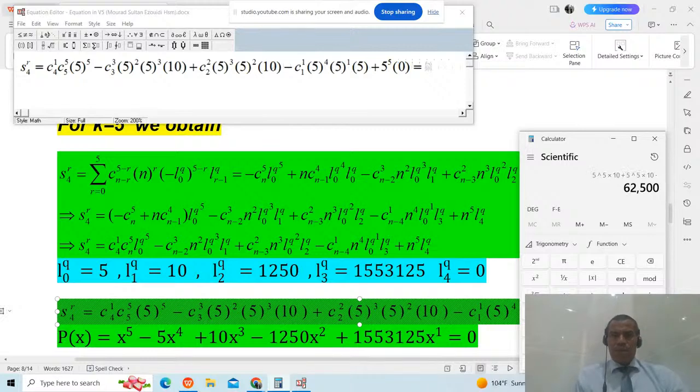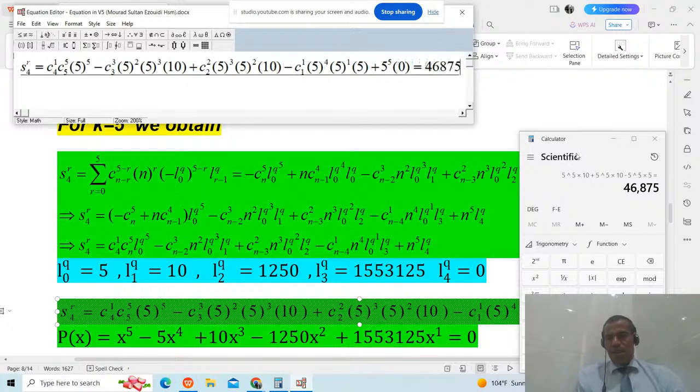Minus 5 raised to the power 5, multiplied by 5. Plus 5 raised to the power 5 multiplied by 0. This is not going to be written. It's 0. So this one equals 4, 6, 8, 7, 5.